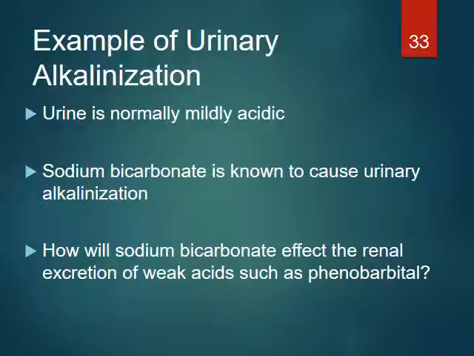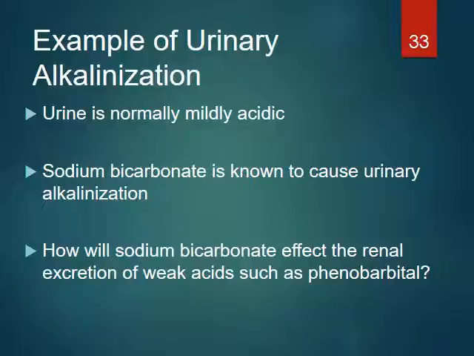Well, if you think about it, we have a weak acid in the urine, in the renal tubules, and I increase the pH. That means I'm going to have more of the drug in the unprotonated state, because it's in a more alkaline solution, which means a higher proportion of the drug in a charged, negative anion state.